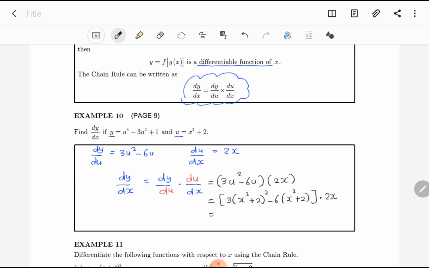Okay, next, we have x squared plus 2 and this is also x squared plus 2, so we can factorize x squared plus 2 to the power of 1. Inside the bracket we have 3 times (x squared plus 2) minus 6, times 2x.